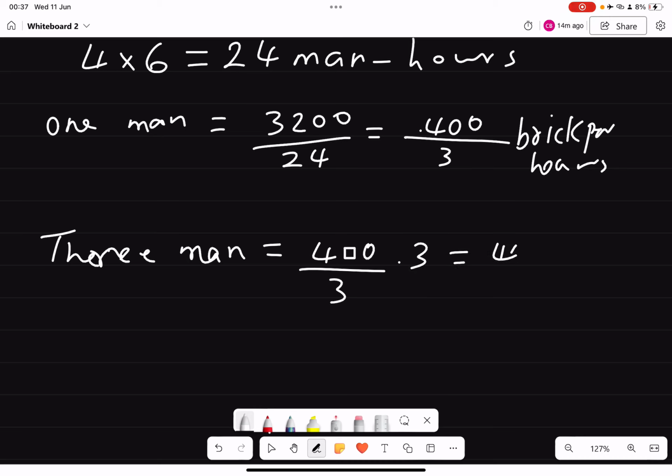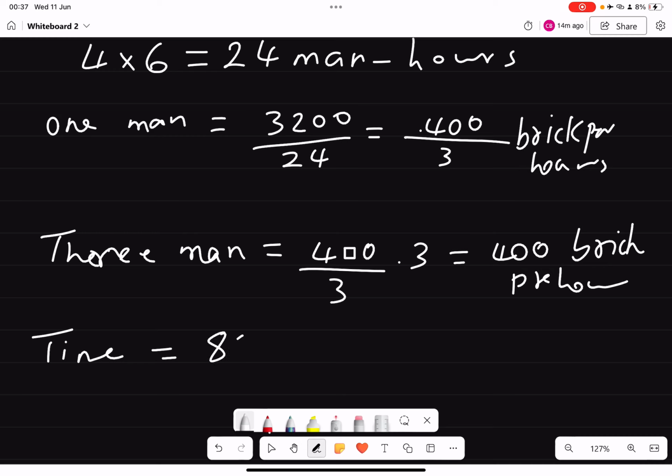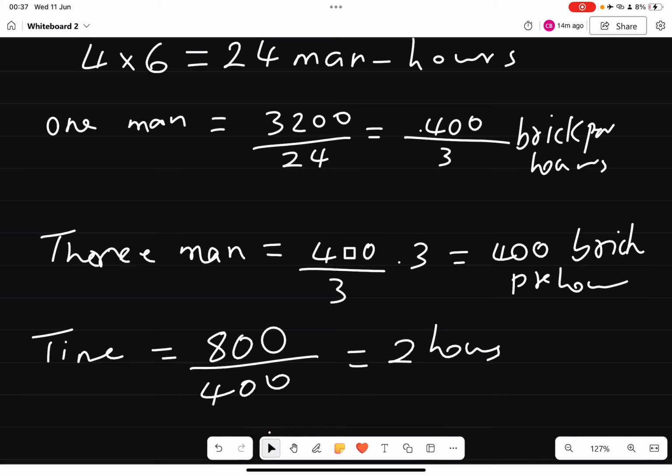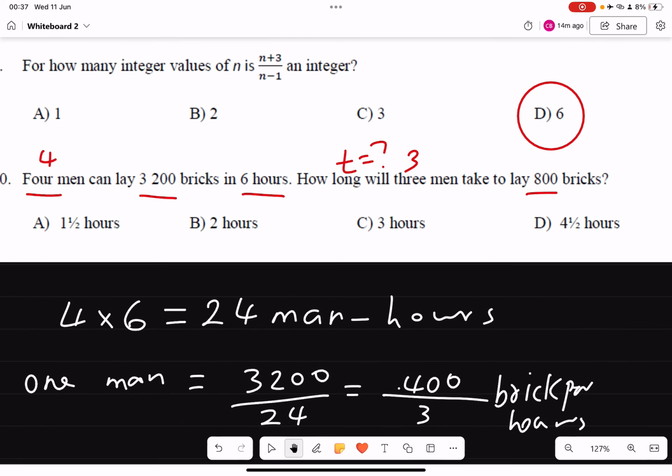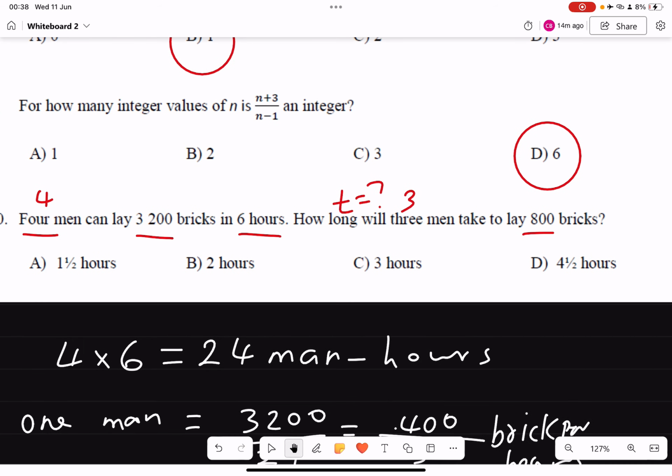So 3 men will lay 400 bricks per hour. To get the time taken to lay 800 bricks, we have 800, but we lay 400 per hour. So that is 2 hours. So 3 men will take 2 hours to lay 800 bricks. And that is option B.